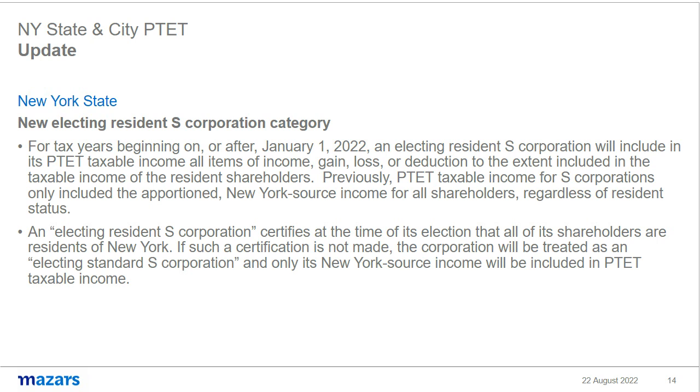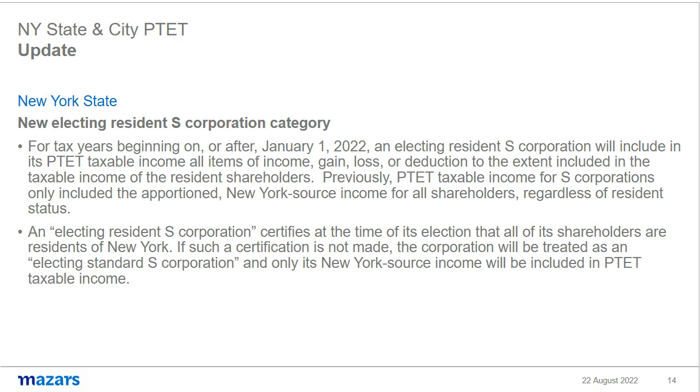So specifically for S corporations, there's a new electing resident S corp category. So the tax years beginning on or after January 1 of 2022, an electing resident S corp can include in its PTET all items of income, loss, gain, or deduction to the extent it's included in the taxable income of the resident shareholders.